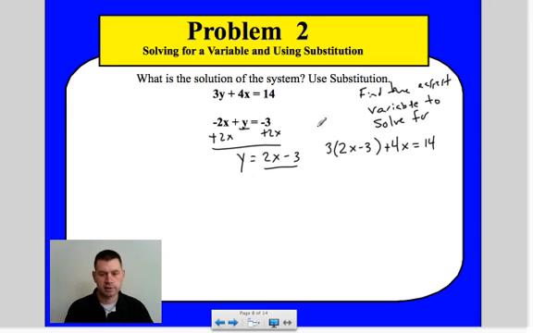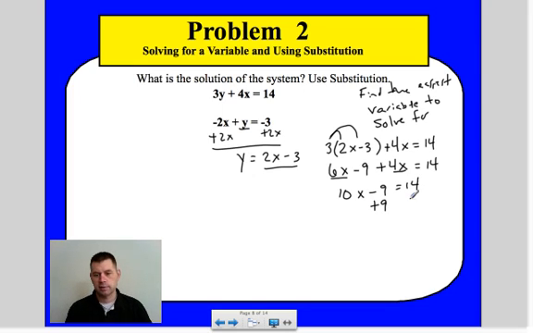Now we just have to simplify and solve, which means distribute the 3. We get 6x minus 9 plus 4x equals 14. Combine like terms: 6x and 4x makes 10x, still minus 9. Now we just add 9 to both sides. That's pre-algebra stuff right here. We get 23.